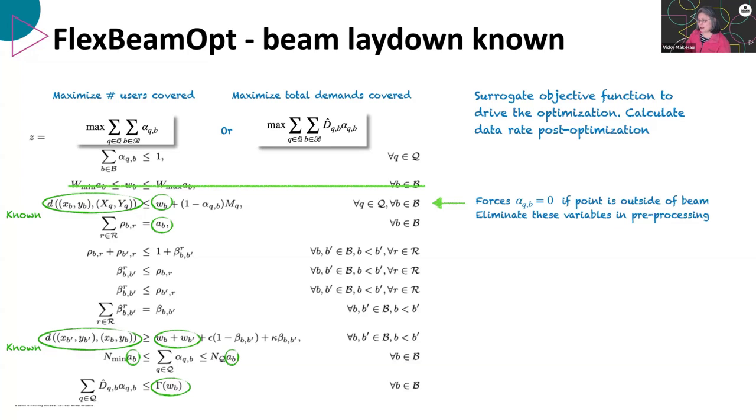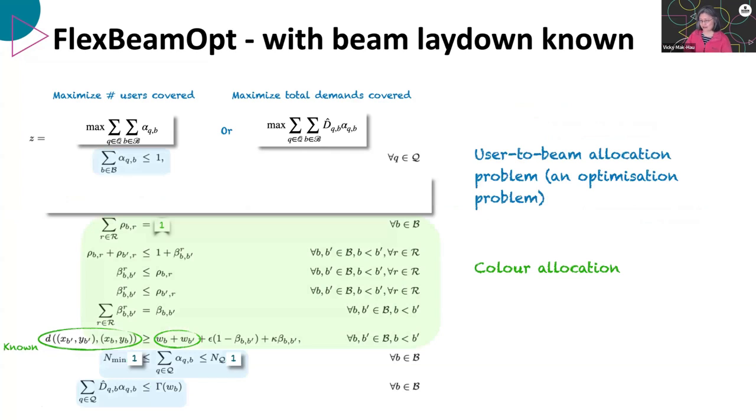And also we don't need this constraint anymore, because this is just one that says a user can only be routed to a beam if it's within the 3 dB beam footprint. Then after that, we suddenly have a blue problem and a green problem.